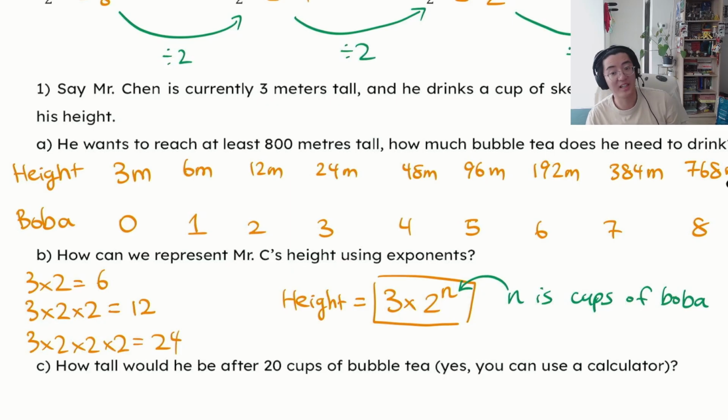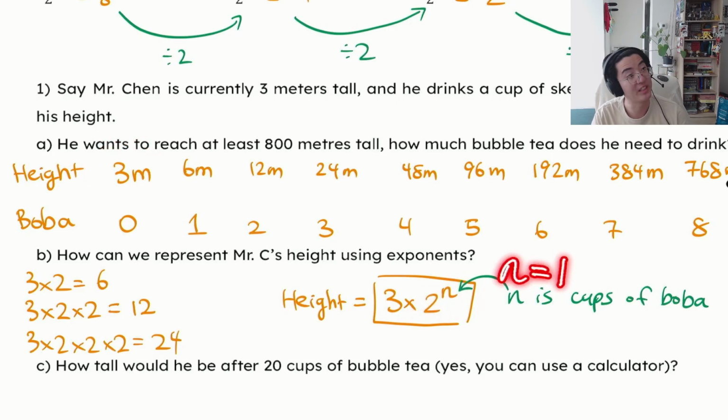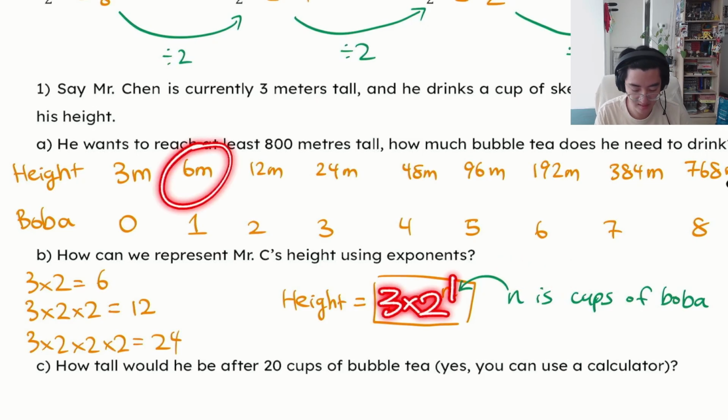Which we can double check here. If we have drunk 0 cups of bubble tea, so cup 0, n equals 0. 2 to the power of 0 is just 1, so 3 times 1 is 3. After we drank 1 cup of bubble tea, n equals 1. 2 to the power of 1 is 2, times the 3 is 6.